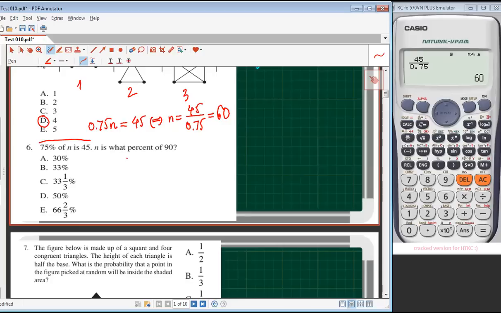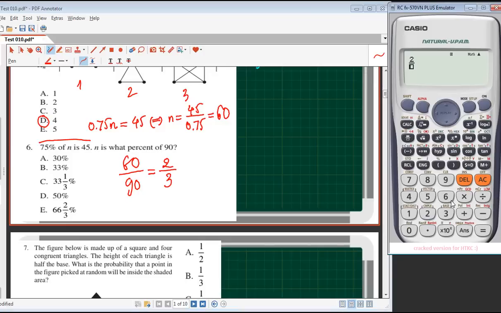We just take 60 over 90, equal to number 2 over number 3, and we times 100 to change to percent. It is 66.66. It must be option E.